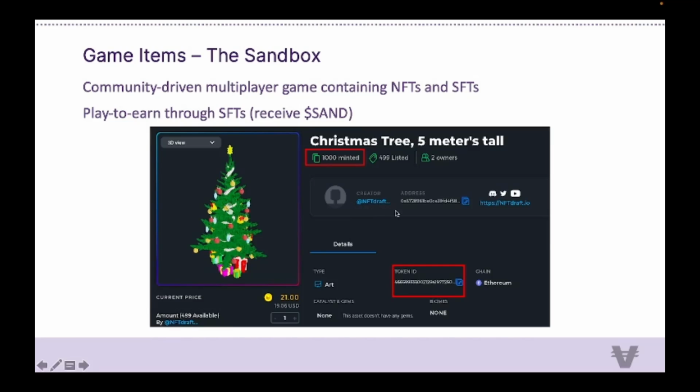The creator is called NFT Draft, and it has a token ID. It's a very long token ID, and only 1,000 are available for mint or have been minted, and each of them will be sold for 21 cents. So that is, of course, a semi-fungible token. You start fungible, then when you claim and use it, it becomes non-fungible.